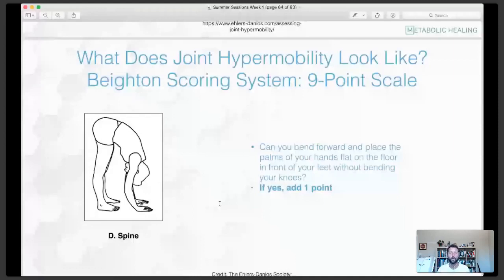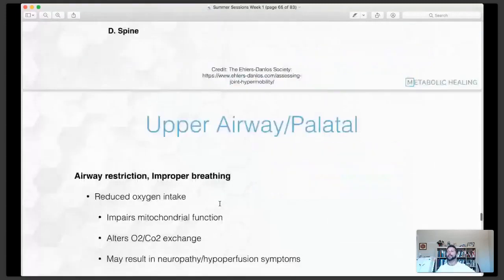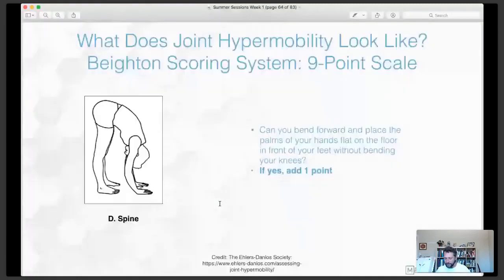Sometimes the client doesn't even know what hypermobility is, and I send them this. I say, go do this, or I just run it through on the initial call just to see. And why is that important? Why do we need to understand the importance of hypermobility? Because it's not so much just about whether or not they're hypermobile. Usually what you'll find is that people that are hypermobile have multiple health problems going on.